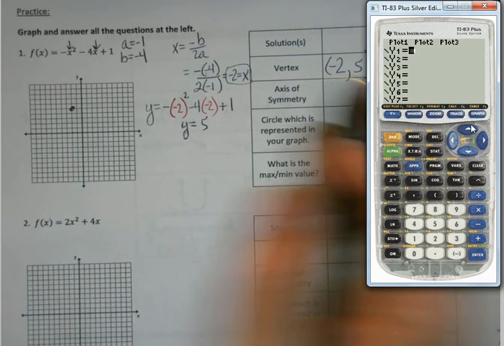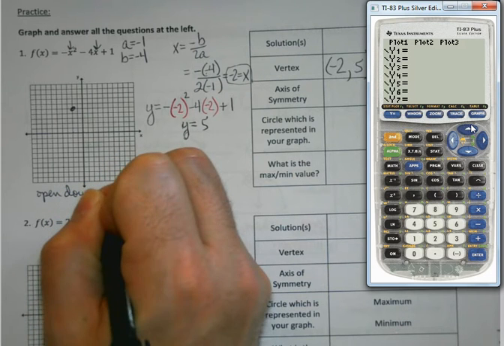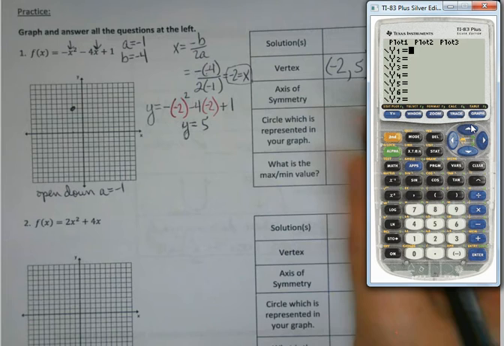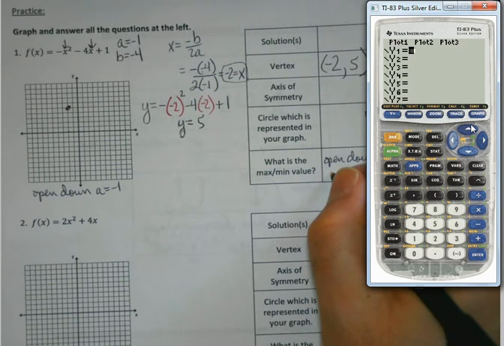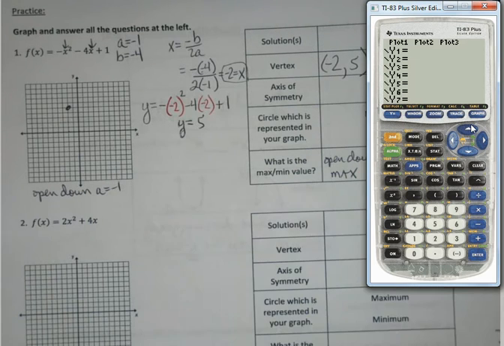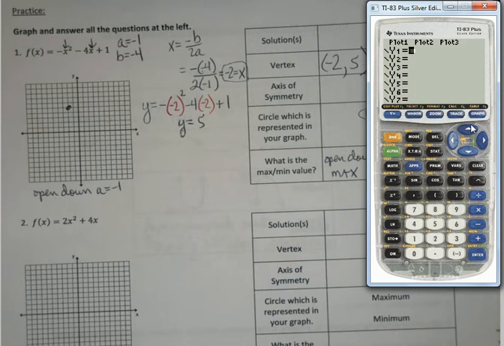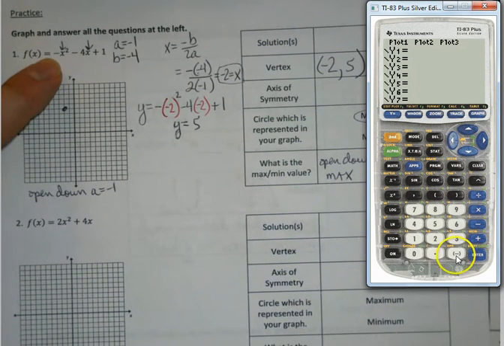So I know this is going to open down, and when it opens down, I get a maximum value. Okay, and we'll see that in just a second here. Now, for our purposes, I just want you to see both. Because again, the more ways we can see things, the more likely it is it's going to click for us.